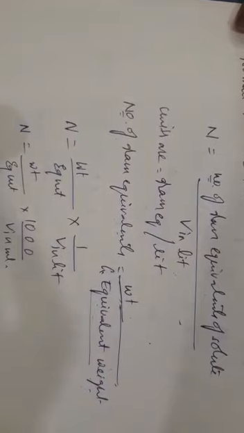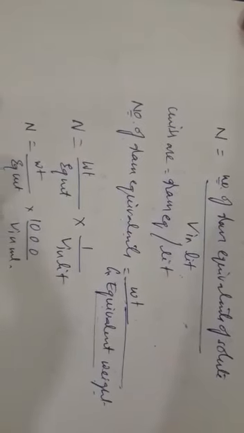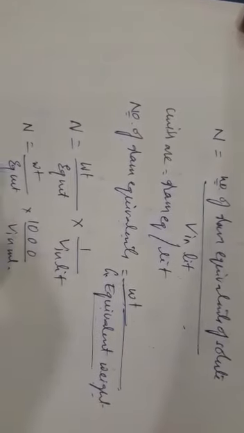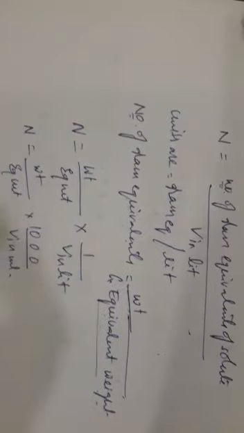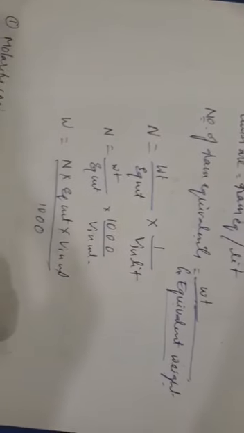From this again we can calculate the weight of the solute: normality into equivalent weight into V in ml by 1000. Then, if density and percentage weight by volume are given, normality is equal to percentage into density into 10 by equivalent weight.